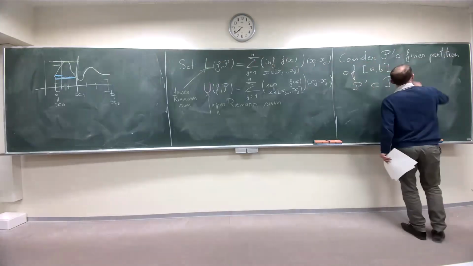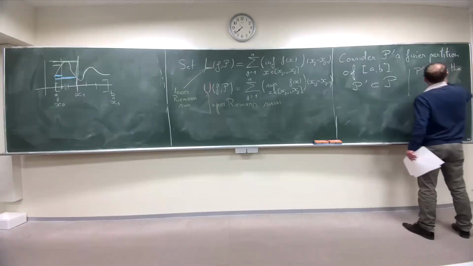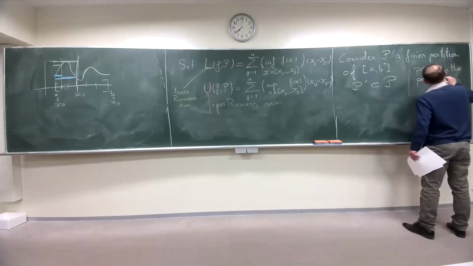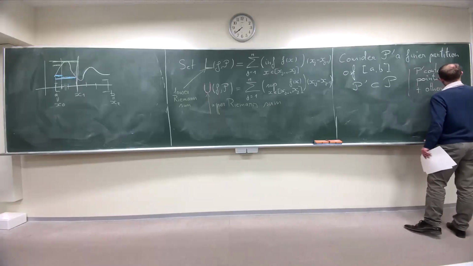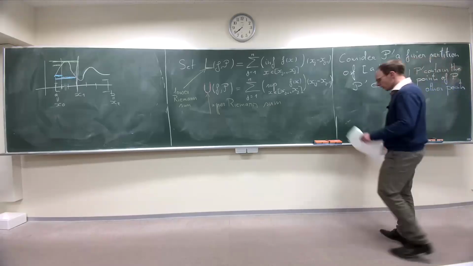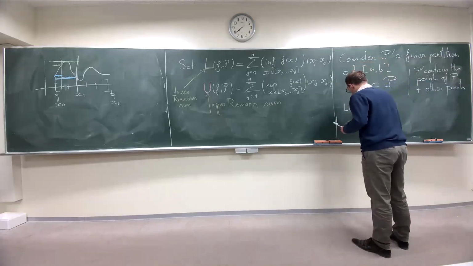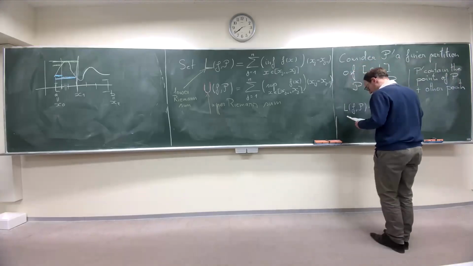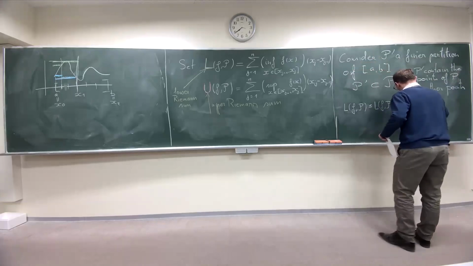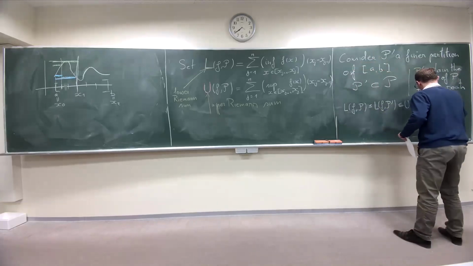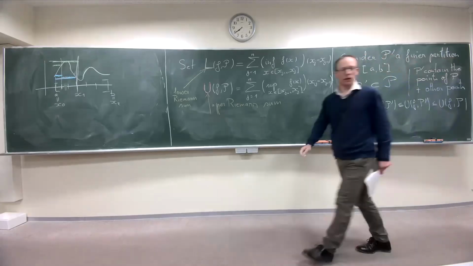P prime contains the points of P plus other points. Now you can guess, or let's look at what we have. I'm claiming this. Look at this.